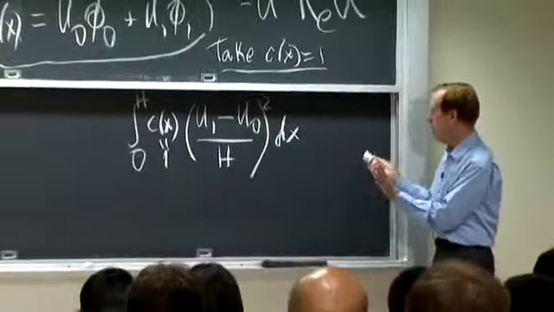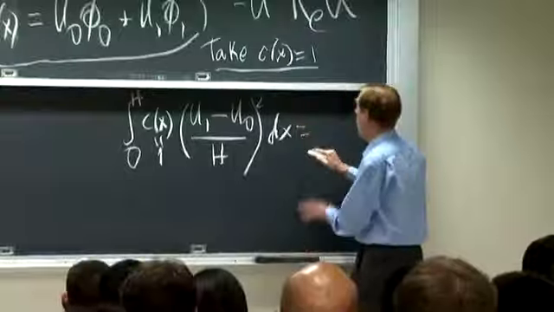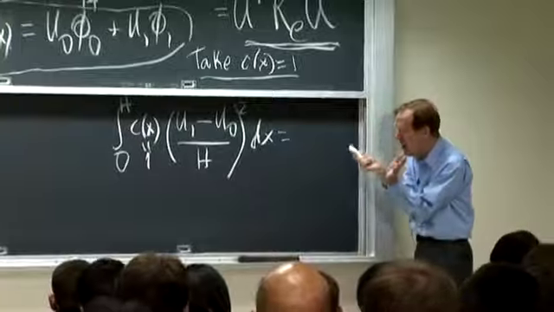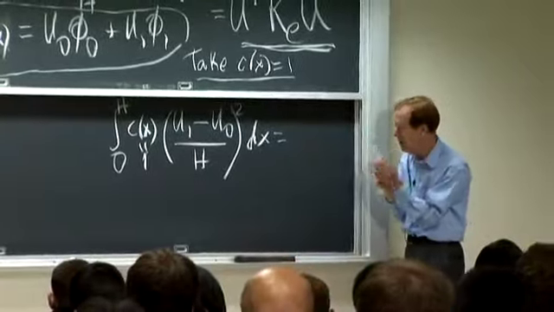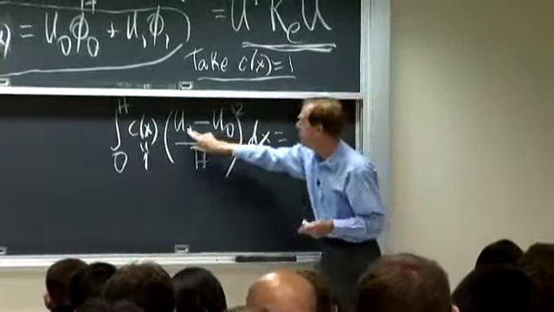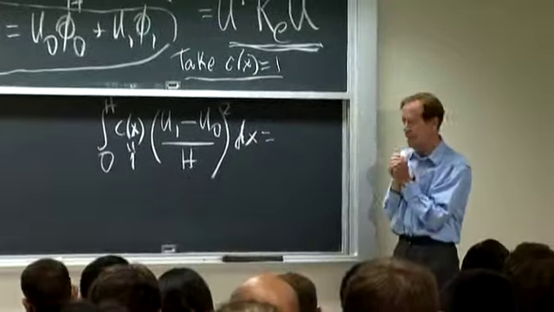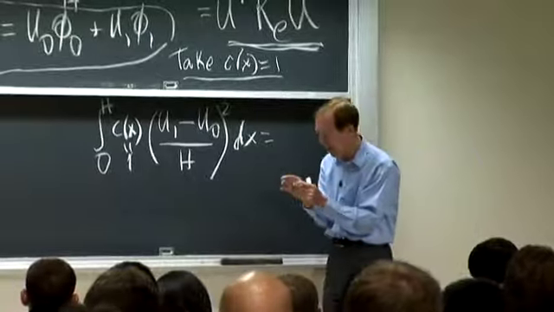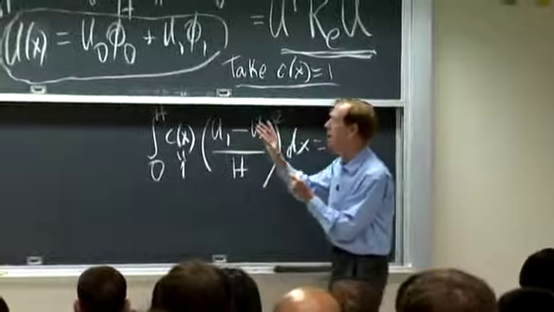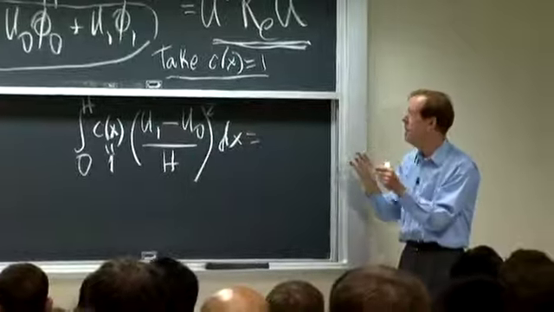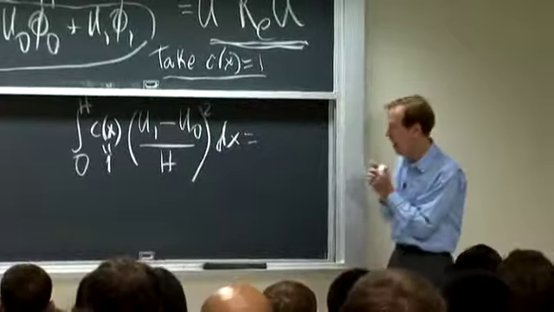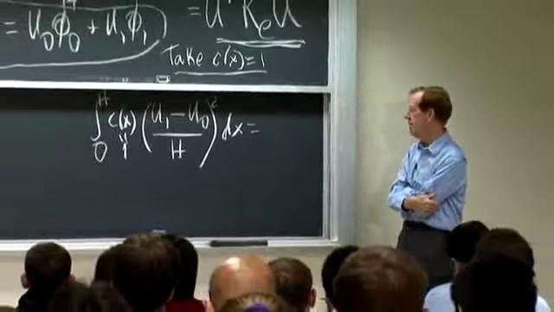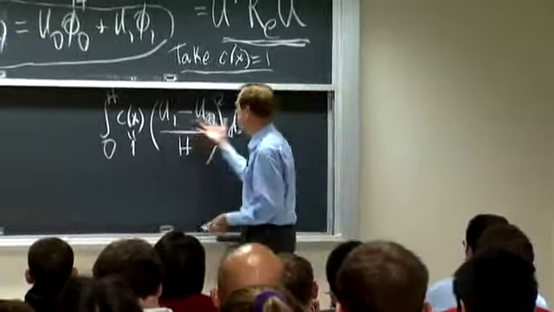Okay, so I'm claiming that this is my u transpose, my little piece. Why is it only a little piece? Because it only involves 2 of the u's. It's going to be a little 2 by 2 element matrix that comes from this element, and then it's going to be put into the big K, the global K, in its proper place. Well, this is trivial, right? This is a constant, this is a constant.